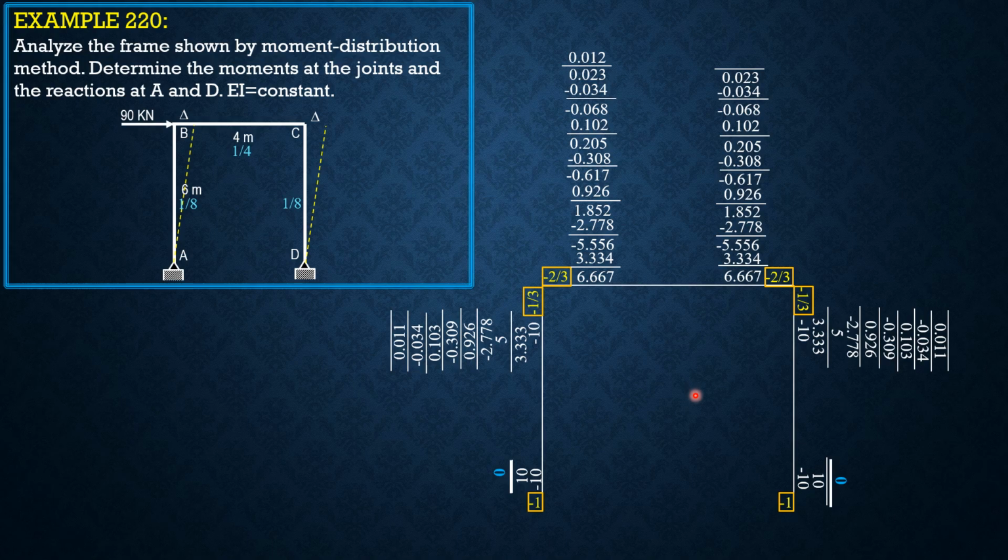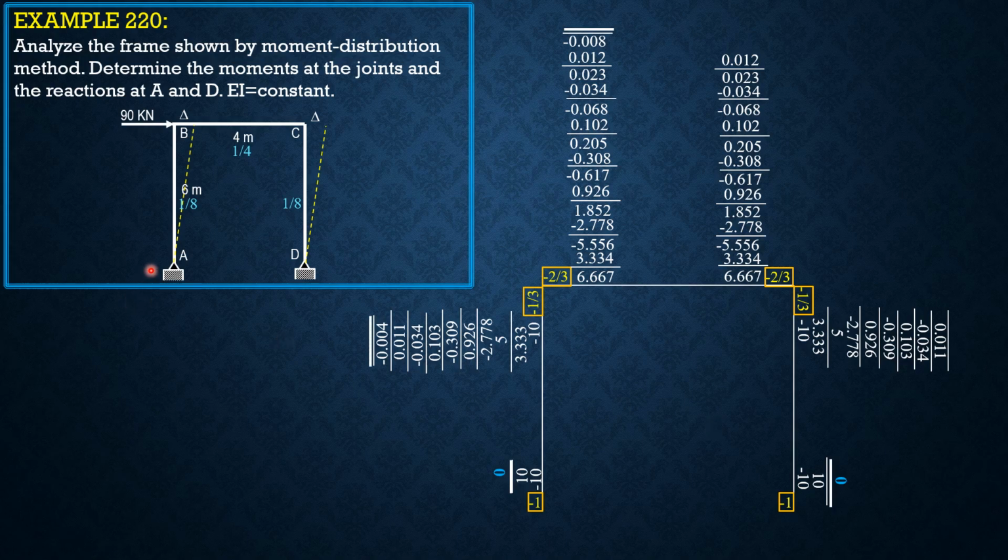So moment AB is 0. Moment BA is negative 3.752R. Moment BC is positive 3.752R. Moment CB is 3.752R. Moment CD is negative 3.752R. Then moment D, 0.